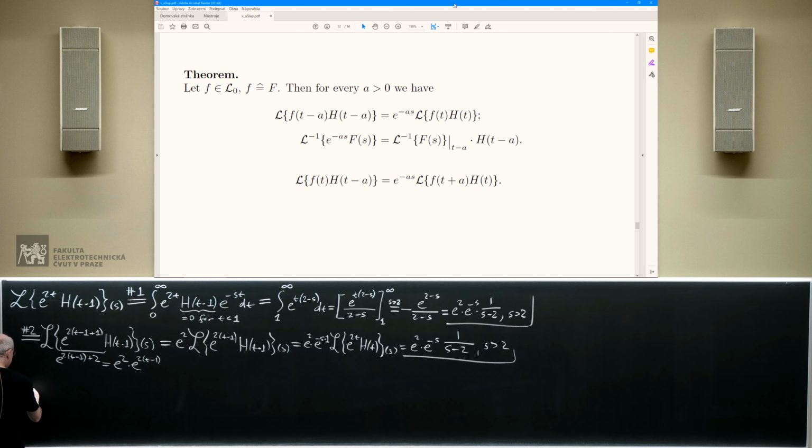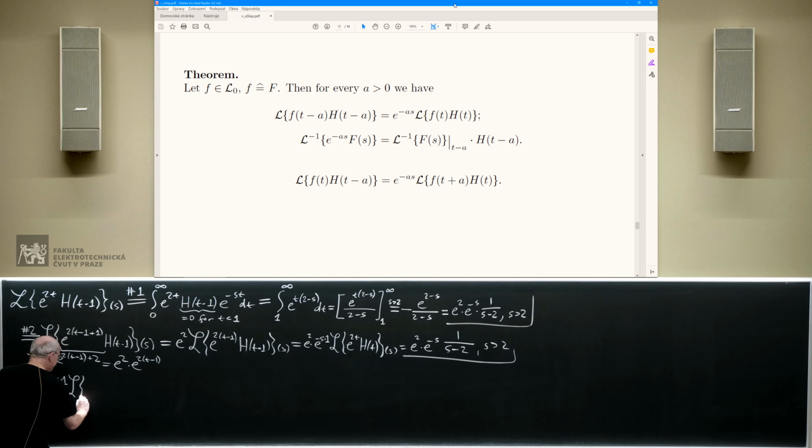Okay, attempt number 3. This time I'm going to use the alternative formula, which is in the last line. So I don't have to really do any preparation. I'm simply applying it over here. I have a function f of t, and I have a shifted Heaviside function in it. So what does the formula say? It says put an exponential up front, e to negative s multiplied by the shift, which is 1.